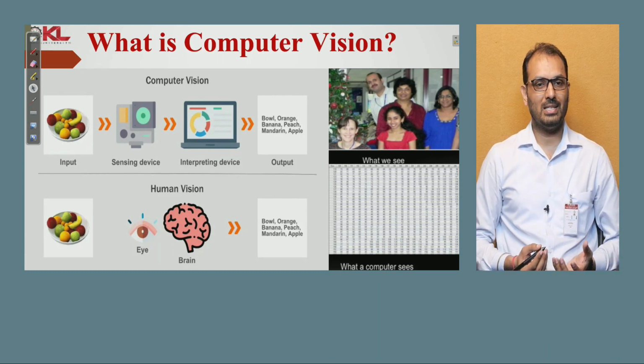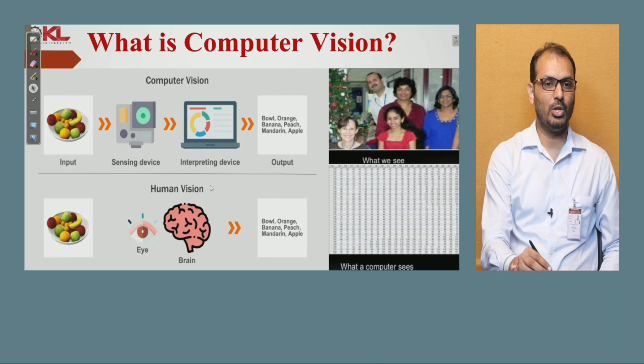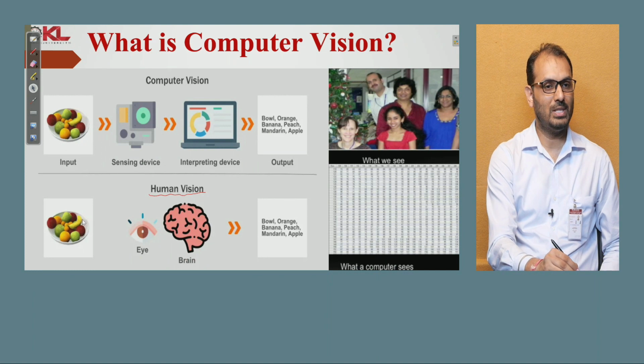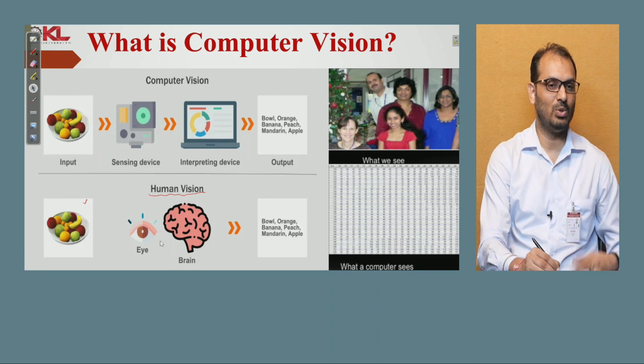To whom are we calling computer vision? First, we will talk about human vision, how all of you see. Now just have a look. This one is human vision. We have a number of fruits in the plate, as all of you are seeing here. How do you see it through your eyes?